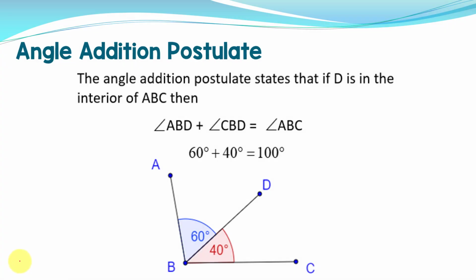All right, angle addition postulate. Again, remembering a postulate just means something we can know to be true without having to prove it every single time. So angle addition tells me that I can add this angle of 60 degrees and this angle of 40 degrees, and the angles added together would equal 100 degrees. So pretty easy idea.